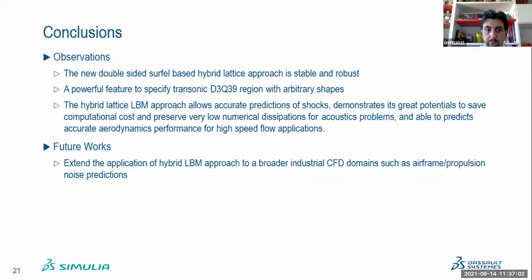In future work, we will extend this hybrid approach to broader industrial CFD domains such as airframe and jet noise, and other applications.